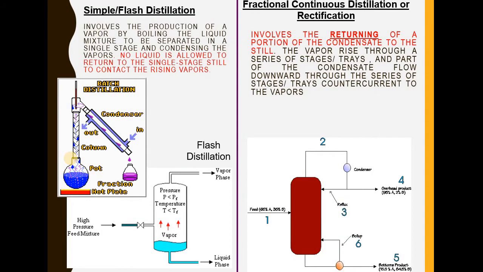Okay, so we have two types of distillation covered in this chapter, which are batch distillation and continuous distillation. What is the difference between batch and continuous? Okay, you can see here, this is a simple batch. We call it batch distillation.